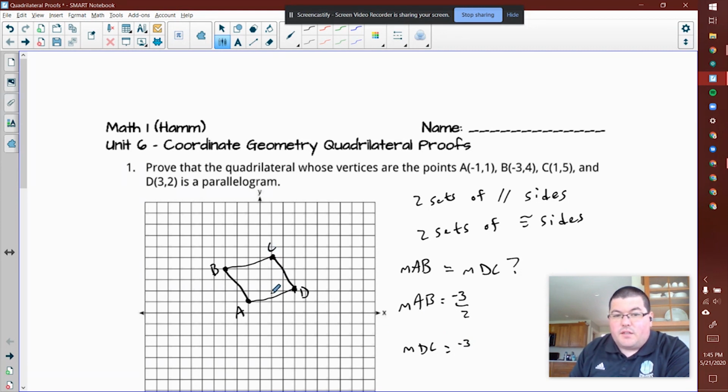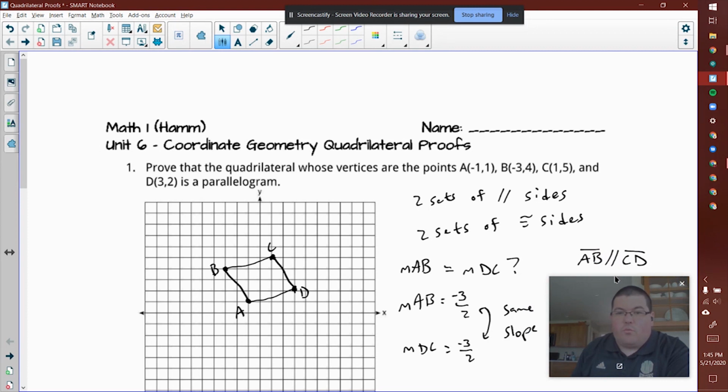If we're going from C to D, it goes down 3. The run is 2. And so look at that. Right away, we can see we've got the same slope. And so we can prove, at the very least, that AB is parallel to CD. So there's one step down. We've got one of the sets.